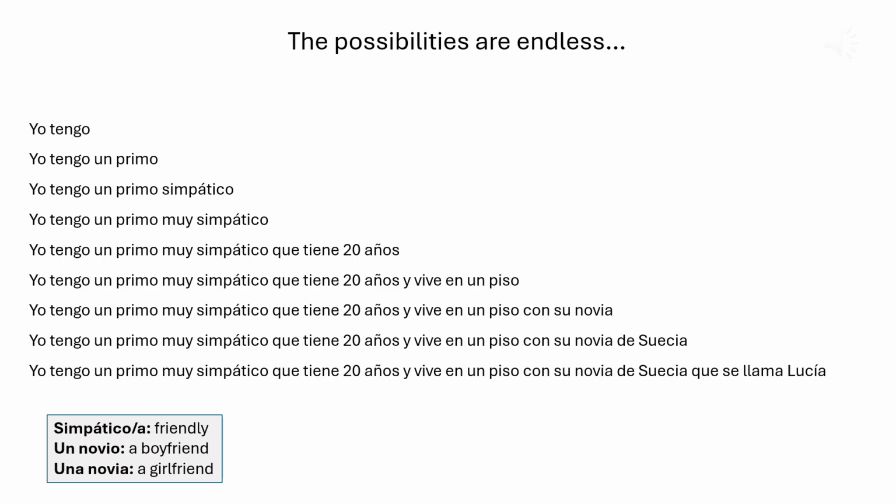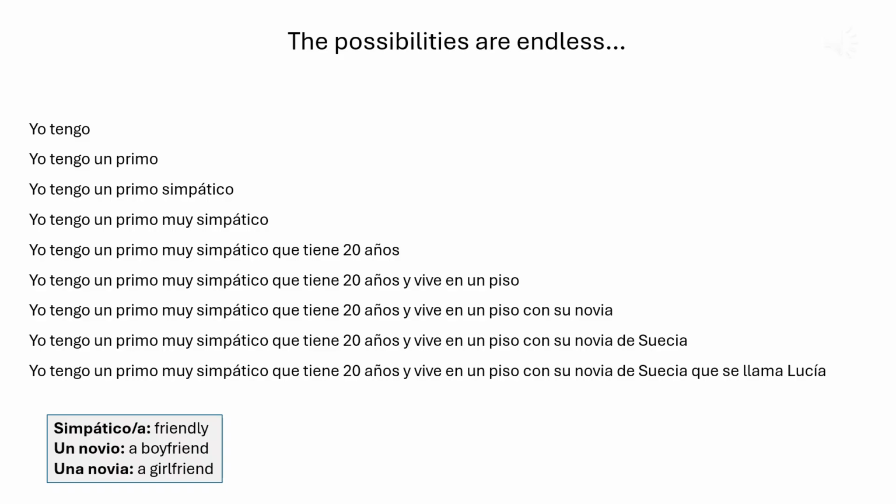Yo tengo. Yo tengo un primo. Yo tengo un primo simpático, friendly. Yo tengo un primo muy simpático. Yo tengo un primo muy simpático que tiene 20 años. Yo tengo un primo muy simpático que tiene 20 años y vive en un piso.